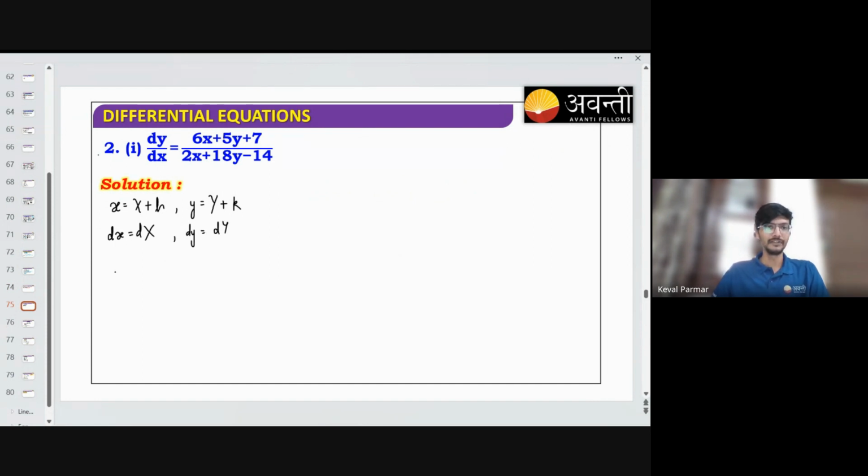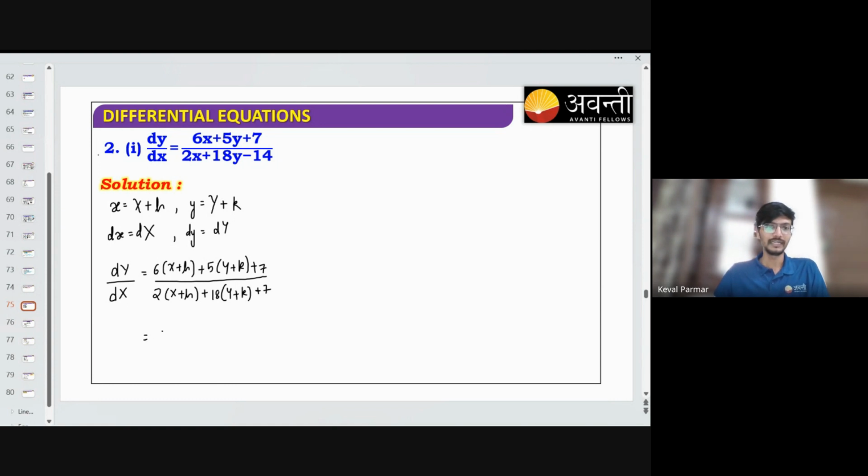So my equation will reduce to dY over dX, capital letters, equals, if I substitute it here, I'll get 6 into X plus h plus 5 into Y plus k plus 7 upon 2 into X plus h plus 18 into Y plus k plus 7.